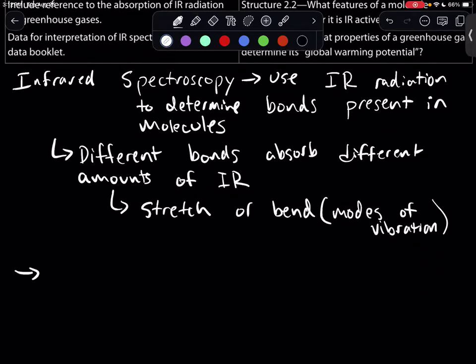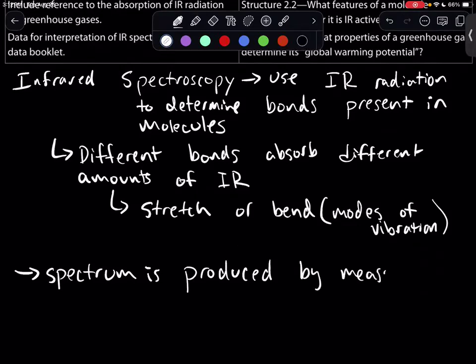So when we do this, we get a spectrum. So a spectrum is produced by measuring IR absorbed. And that's it.